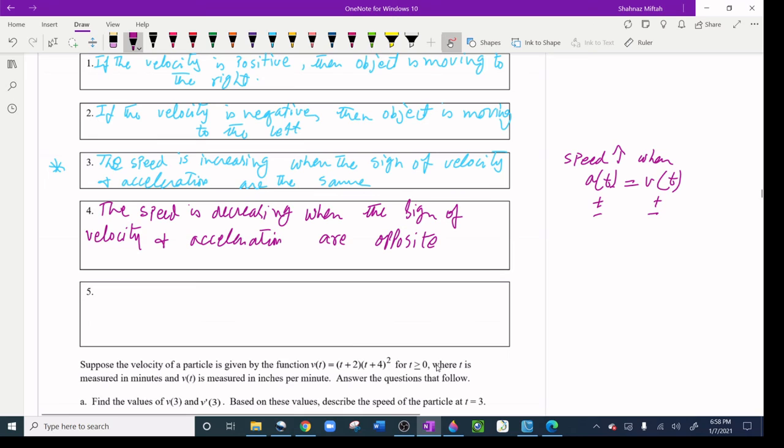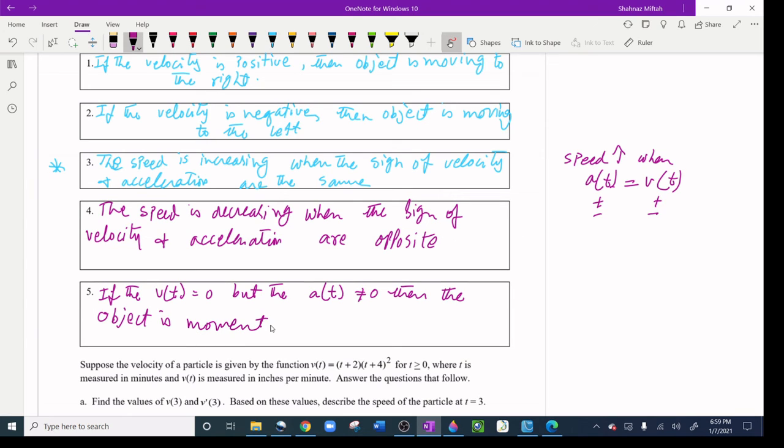The fifth one, if the velocity, like this first derivative, is equal to 0, but the acceleration is not equal to 0, then the object is momentarily stopped and changing direction. Okay, that's what it means.